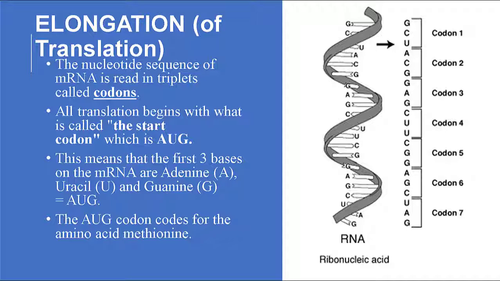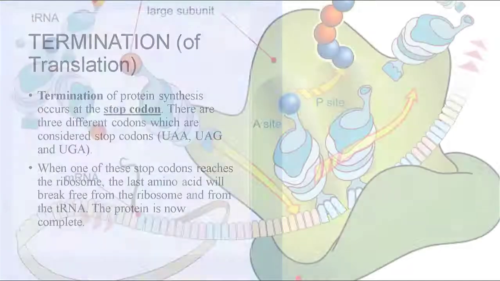All translation begins with what is called the start codon, which is AUG. This means the first three bases on the messenger RNA are adenine, uracil, and guanine. The AUG codon codes for the amino acid methionine.